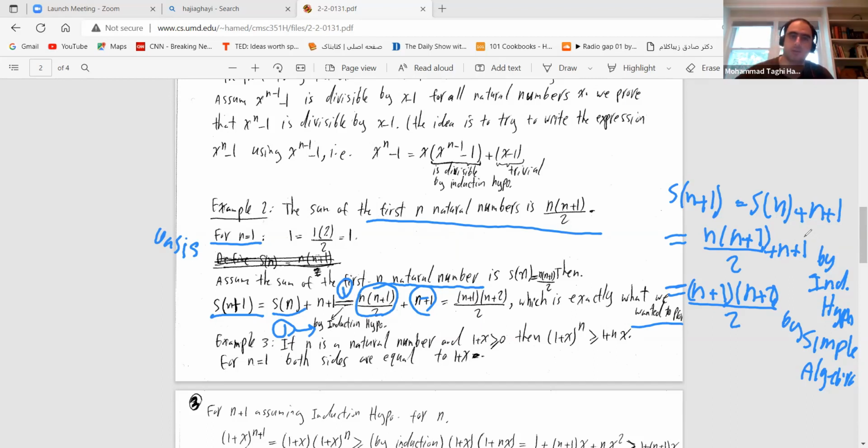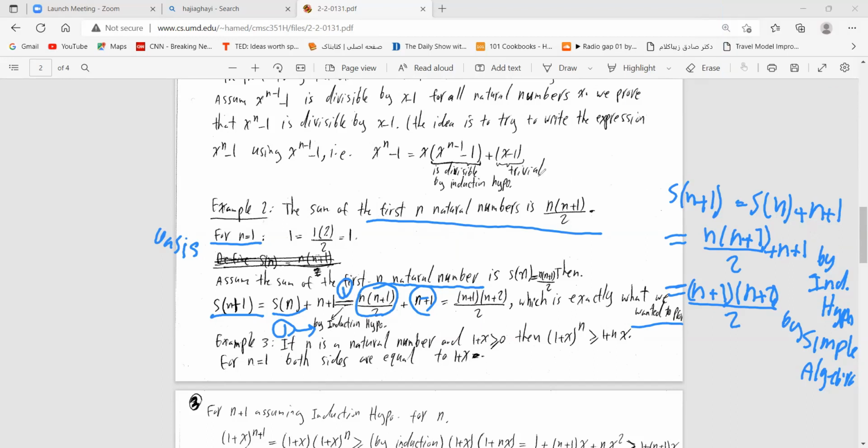Any question? Please unmute and ask if you have any question. What is the induction hypothesis in this question? Which one? This example two. Yeah, so this is the induction hypothesis. Thanks actually for the question.